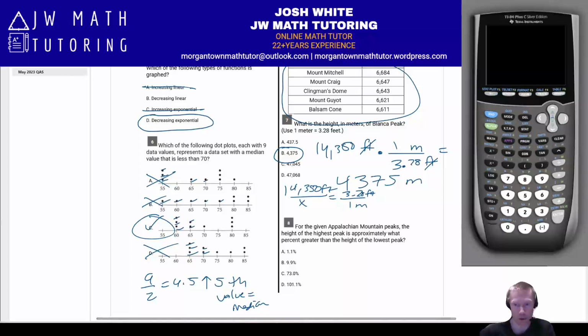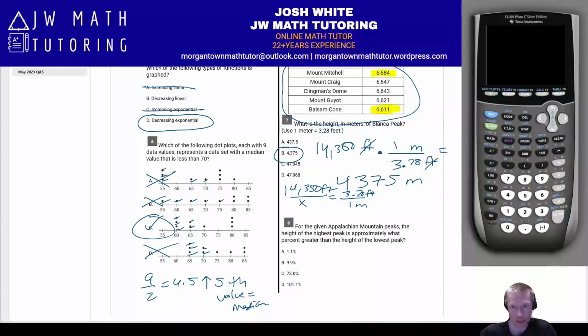So here you're going to use the percentage change formula. First of all, the highest peak is going to be, looks like 6684, Mount Mitchell right here. And the lowest peak is going to be 6661. Notice these are actually kind of in order from highest to smallest.